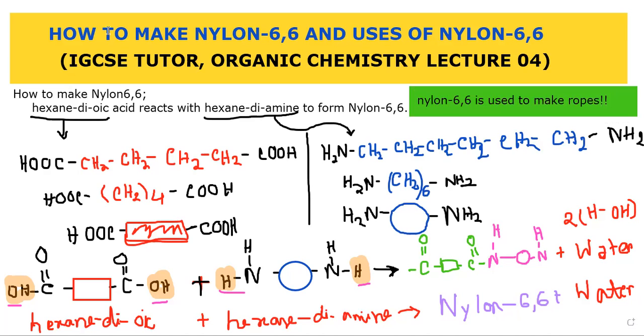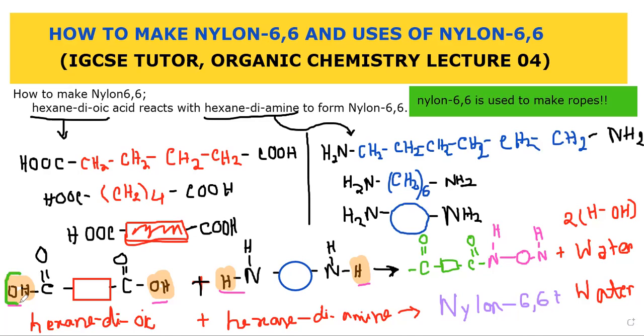Okay. So yes, we are almost at the end. Let us review everything once again. How to make nylon 6. We need two reagents for making nylon 6, that is hexane dioic acid and hexane diamine. At first we write down hexane dioic and hexane diamine. Then we give a symbol for all the 4 CH2s for hexane dioic and all the 6 CH2s for hexane diamine.